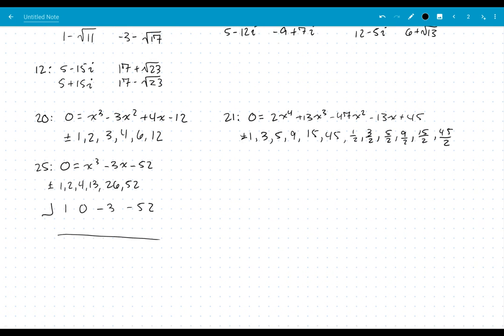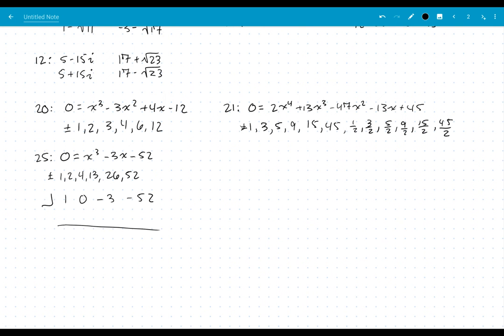In this one, let's see. 52 is 4 times 13. And 13, right here, is 16 minus 3. So if we have 52 here, 4 times 13, 16 minus 3, right? It's 4 times 13, and then 16 is 4 squared.